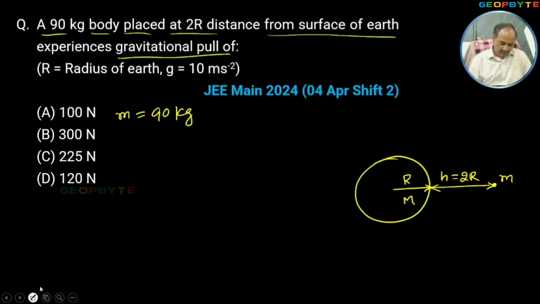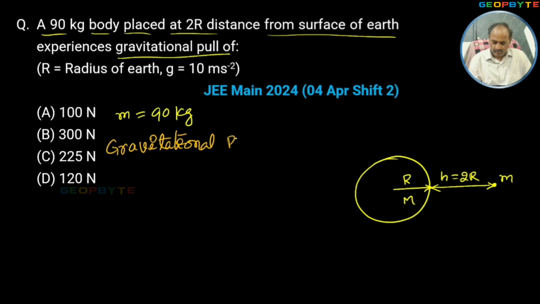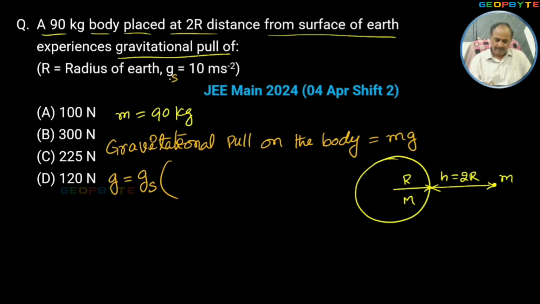As you know, gravitational pull on the body equals mg only. But g at an elevated height equals gs, the gravity constant at the surface of the earth, given as 10, into 1 plus h by r whole power minus 2.